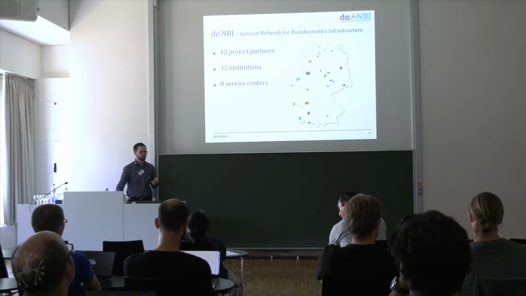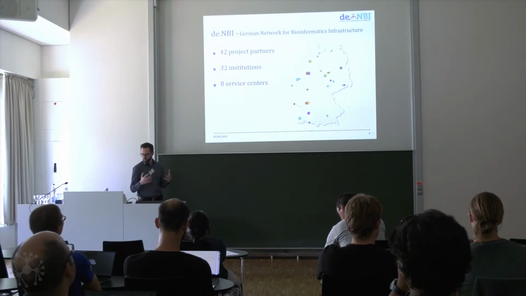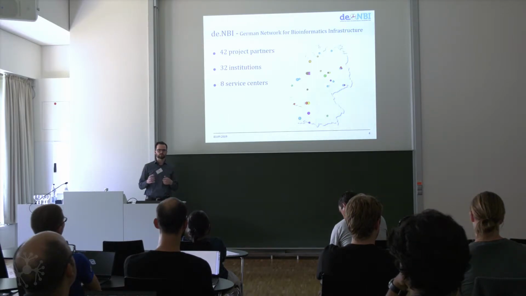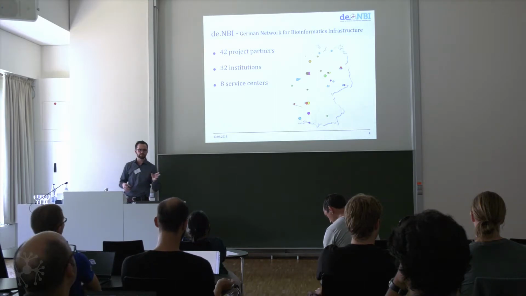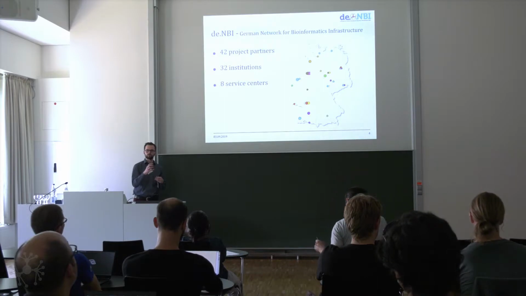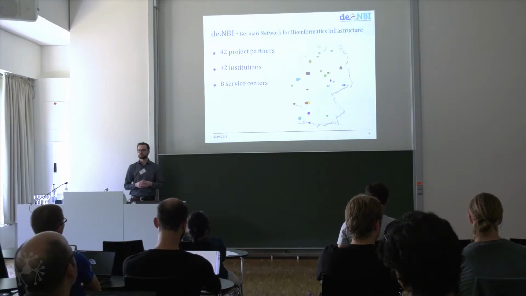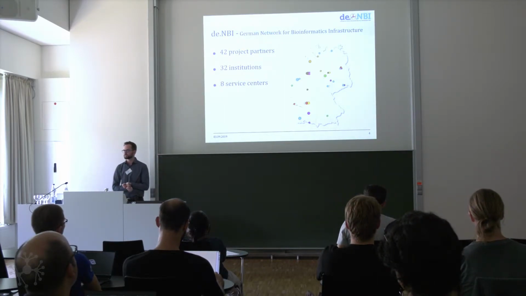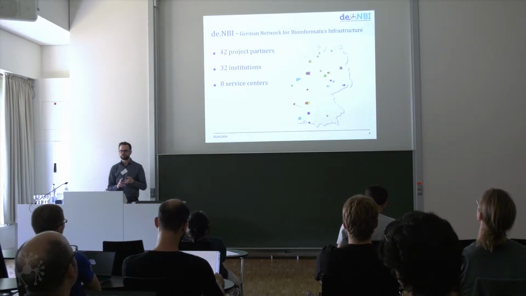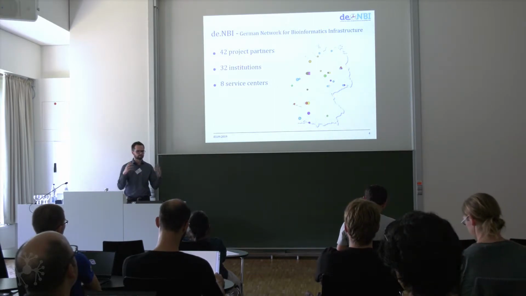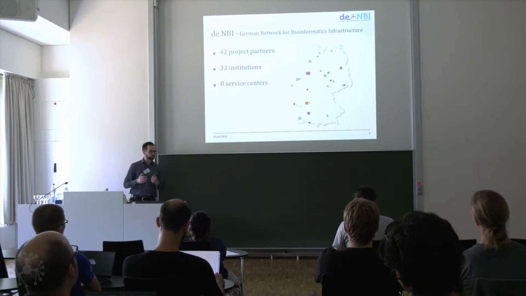The whole consortium of de.NBI consists of 42 project partners and 32 institutions, and these institutions are organized in what we call service centers. Every service center has a specific focus on a specific research topic, like human bioinformatics, RNA bioinformatics, plant bioinformatics, and cloud computing is also one topic.